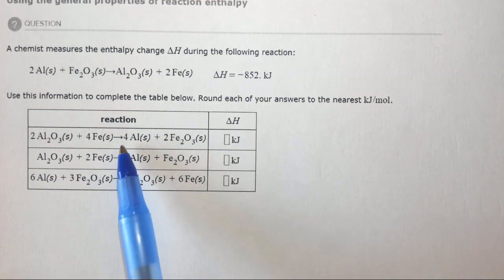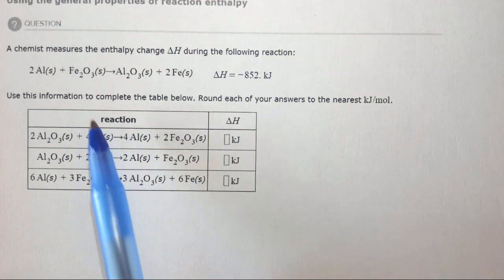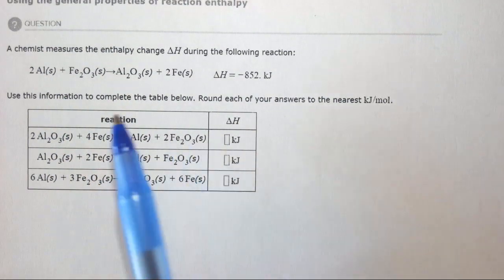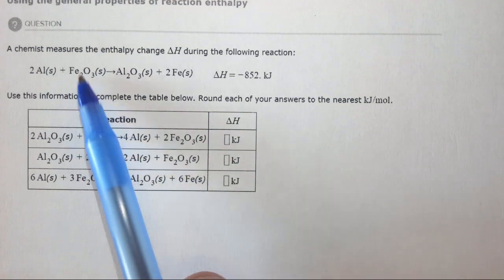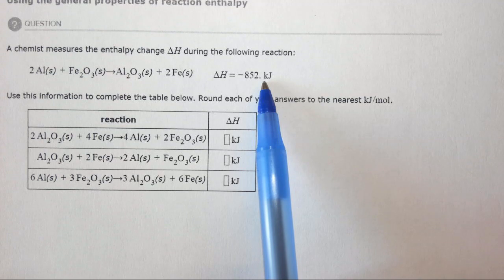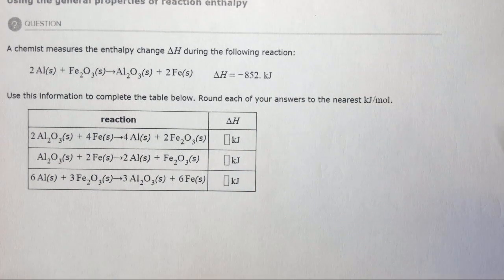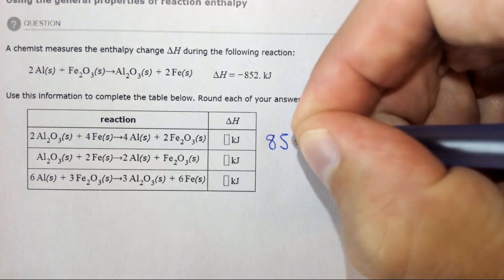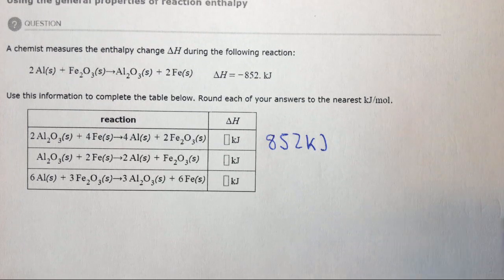First of all, in the first case, we notice that the reactants have become products. When the reactants become products, the sign changes. Instead of 852 kilojoules being released, 852 kilojoules must be consumed. So it's going to be positive, or just 852 kilojoules.